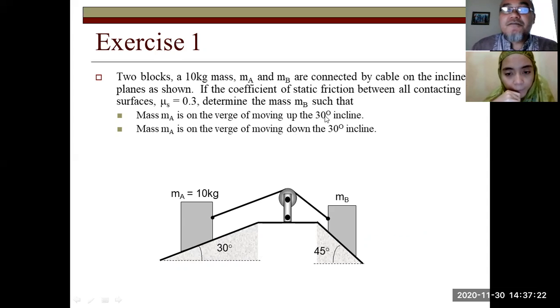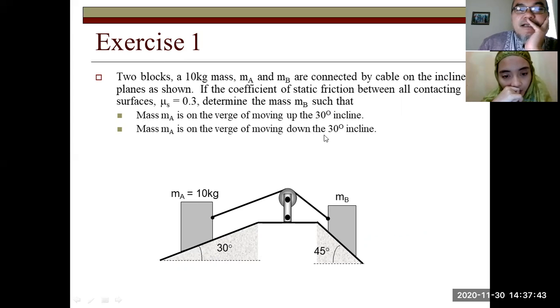If the coefficient of static friction between all the contacting surfaces is mu s 0.3, determine the mass MB such that mass MA is on the verge of moving up the 30-degree incline. That is the first case. The second case: determine the mass MB if mass MA is on the verge of moving down.